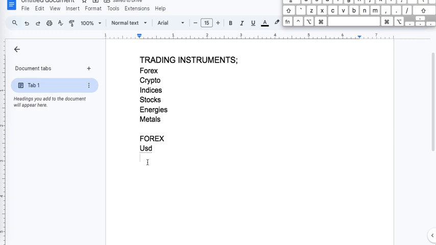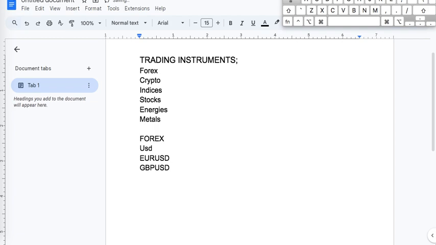Some of these pairs that I'm talking about: we have the EUR USD, you see it has a USD at the end. We have the GBP USD, which is the British pound.